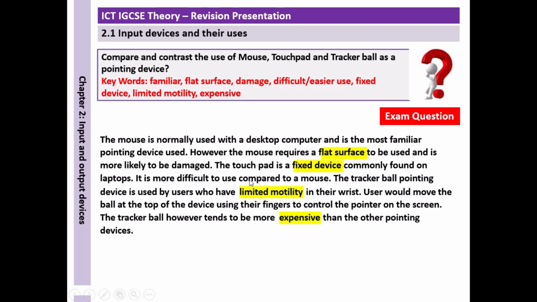It is more difficult to use compared to a mouse. The trackball pointing device is used by users who have limited mobility in their wrist. The user would move the ball at the top of the device using their fingers to control the position on the screen. Trackball, however, tends to be more expensive than other pointing devices. So if you use this kind of language, you will have answered this question appropriately.